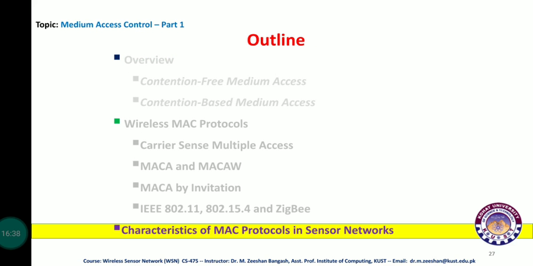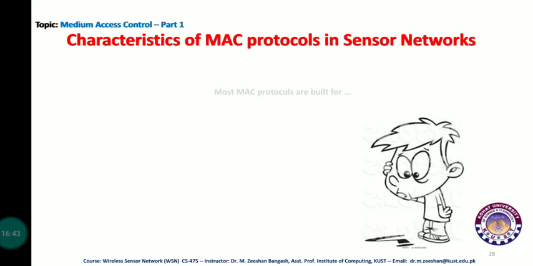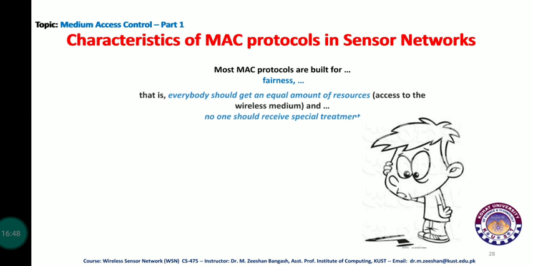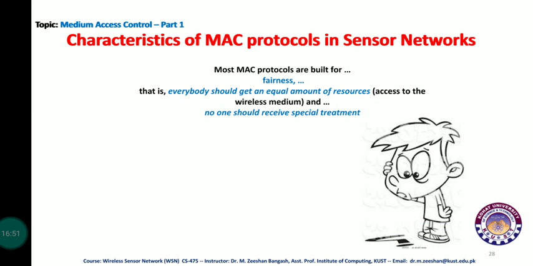At the last, we will discuss some characteristics of MAC protocols in wireless sensor networks. Most of the MAC protocols are built for fairness, meaning everybody should get an equal amount of resource and no one should receive special treatment.